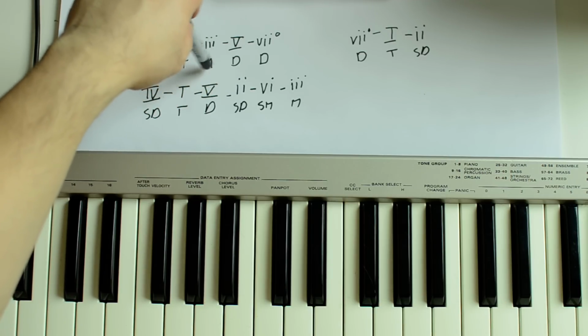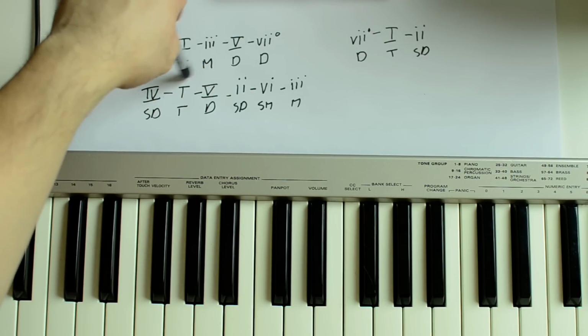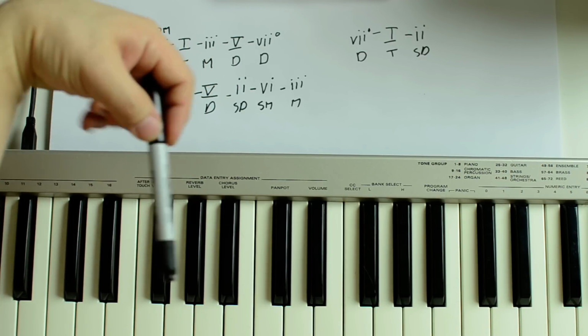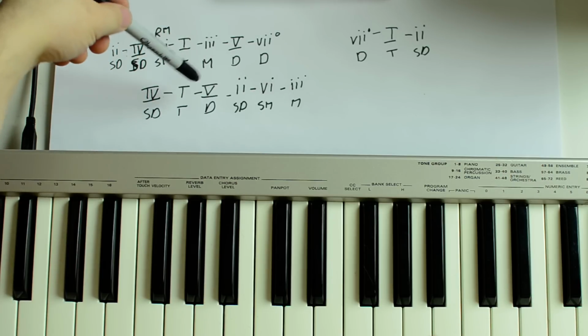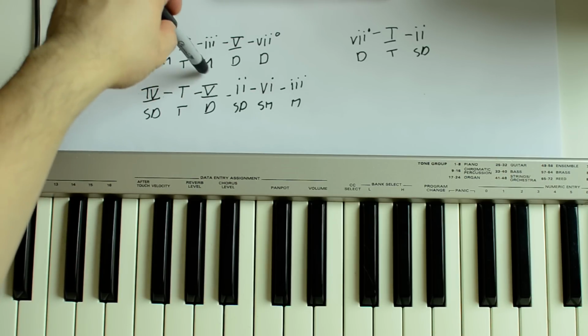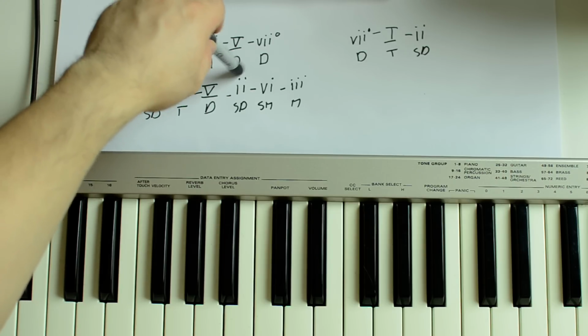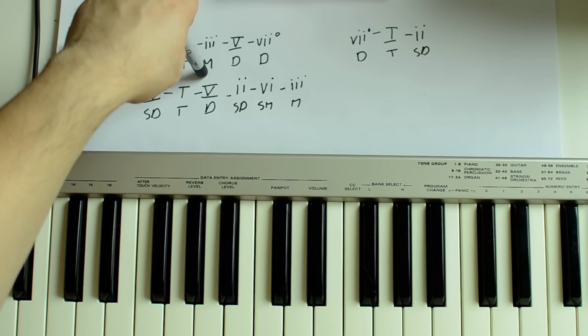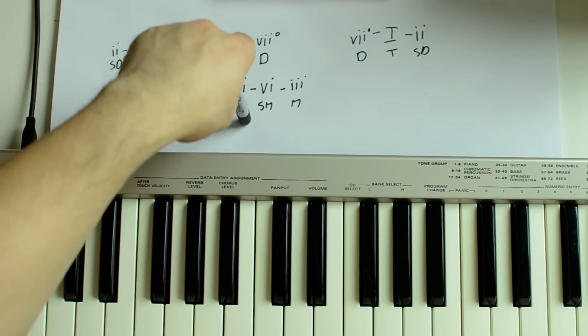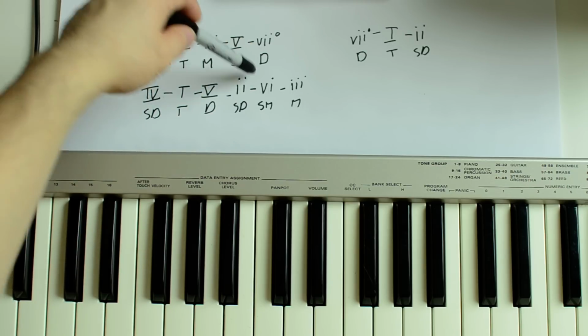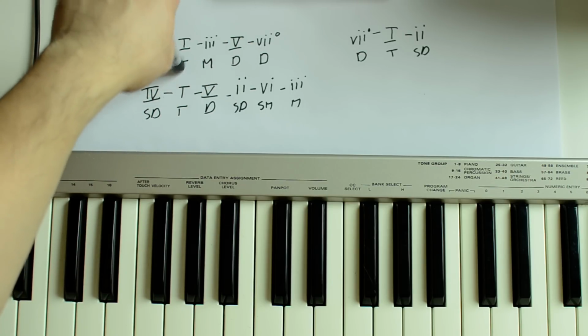So by moving this way, we get this real feeling of progress that there's this inevitability towards this motion. The same way the 5 drives towards the 1, the 2 kind of drives a little bit towards the 5. And this is known as the cycle of fifths, and you've probably heard of it. This is what people are talking about when they're talking about motion through the cycle of fifths.